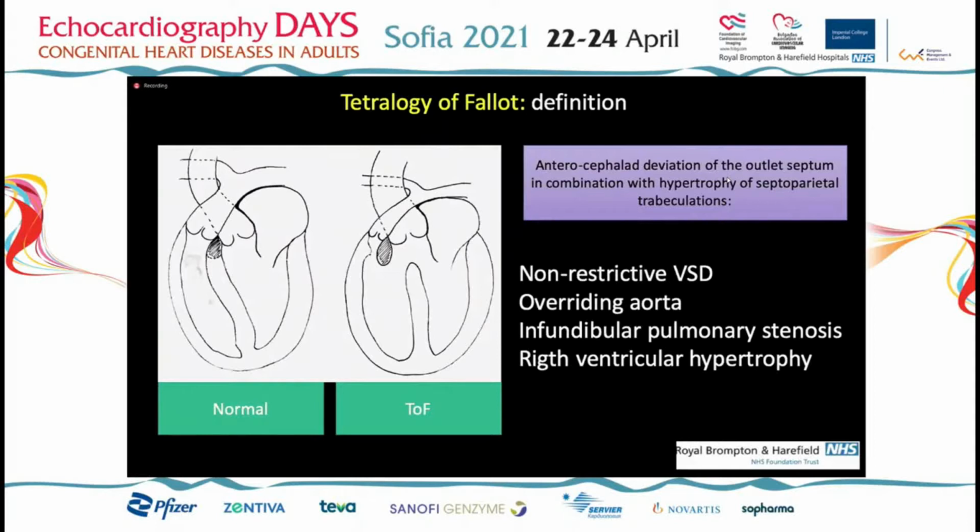That gives rise to a non-restrictive outlet VSD, an overriding aorta committed to both ventricles, infundibular pulmonary stenosis and right ventricular hypertrophy. In the current definitions in most series, they include pulmonary stenosis at different levels, and we can talk about that in this talk.